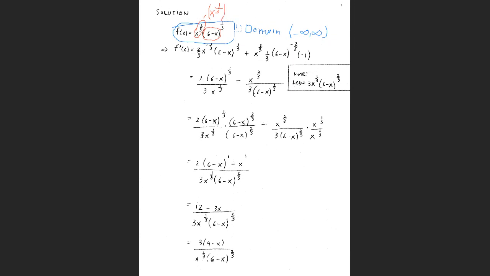X to the 1/3 is the cube root of x. Well, you can have the cube root of a negative number, and then you square a negative number, you get a positive number. So there's no restriction. The domain is all real numbers. So there's no asymptotes in the function.